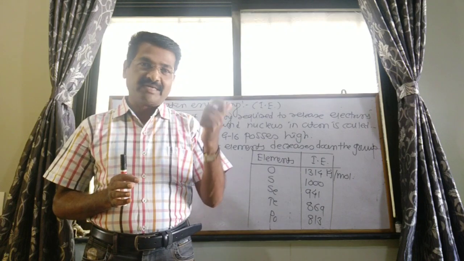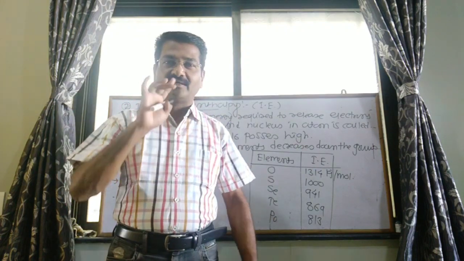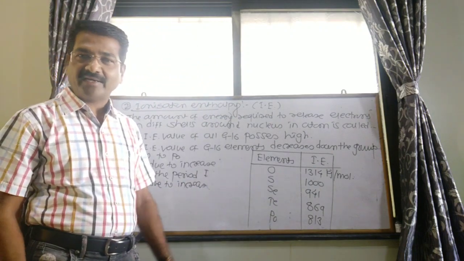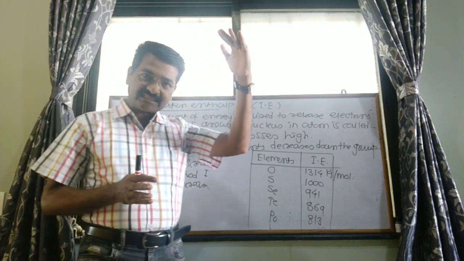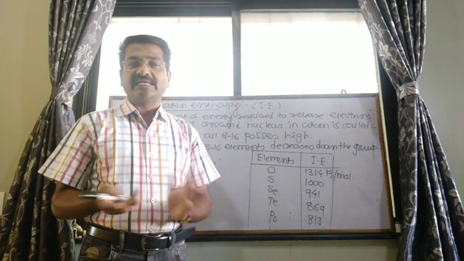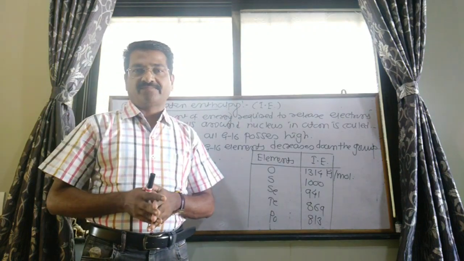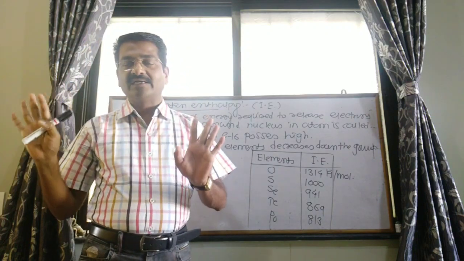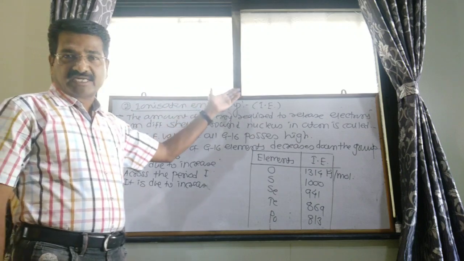The distance between the center of the nucleus to any point on the last shell of an atom of an element is called atomic radii. The atomic radii increases down the group with increase in quantum shells, but along the period it decreases.